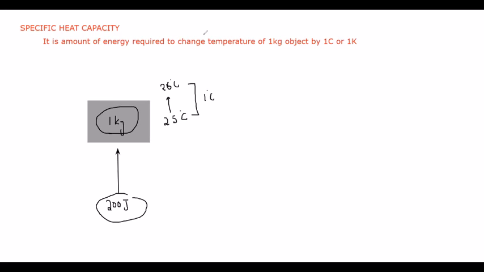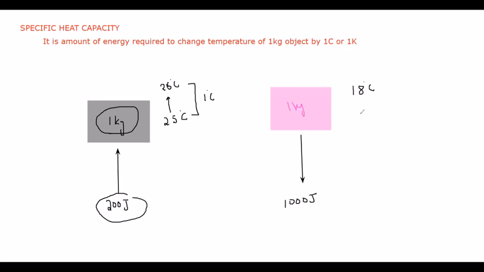If you have another object which is also 1 kg and its temperature is 18 degrees centigrade, so you remove the heat energy, for example 1000 joules.